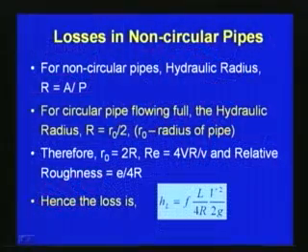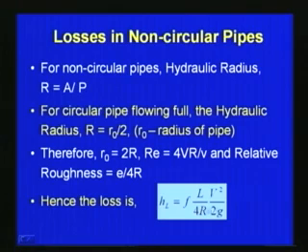And then finally, if you want to find the head loss, we can just substitute into the Darcy-Weisbach equation. We have seen the head loss equals f L V square by 2 g D. Here D is now 4 times R, where R is the hydraulic radius. So HL, the head loss, will be equal to f L V square by 4R 2g, so it will be f L V square by 8 g R. Instead of D, now it will be 4R, where R is the hydraulic radius for the non-circular system.